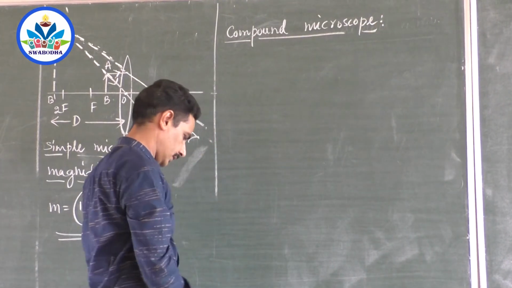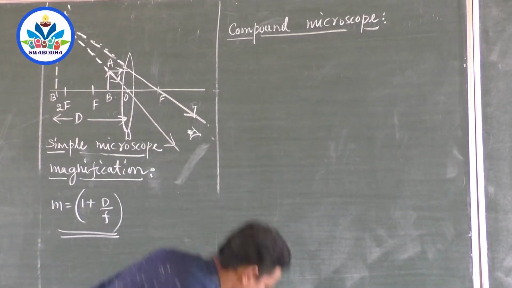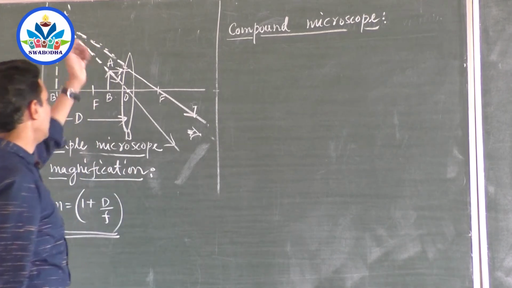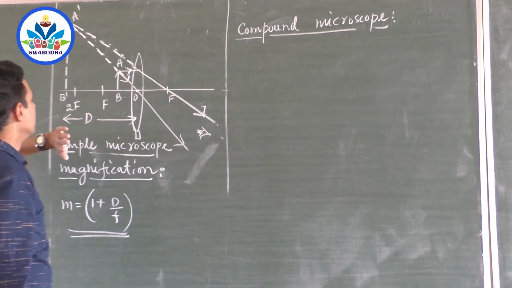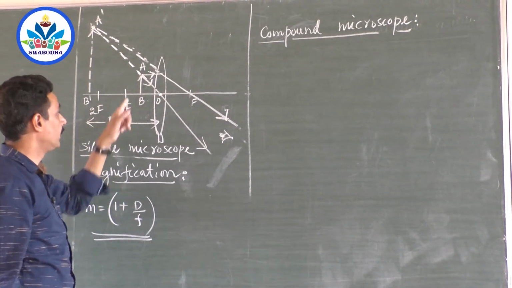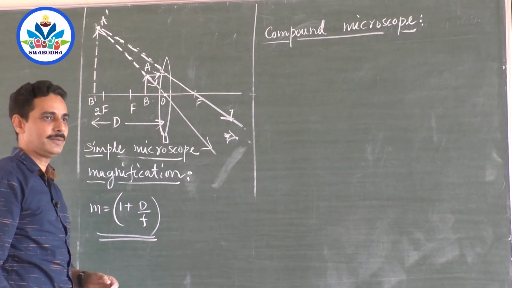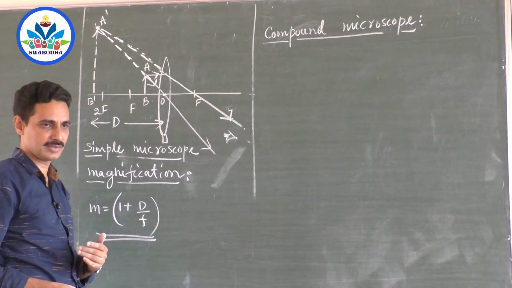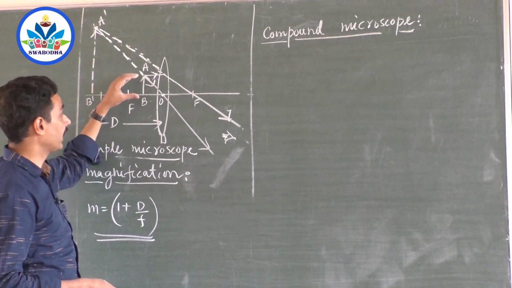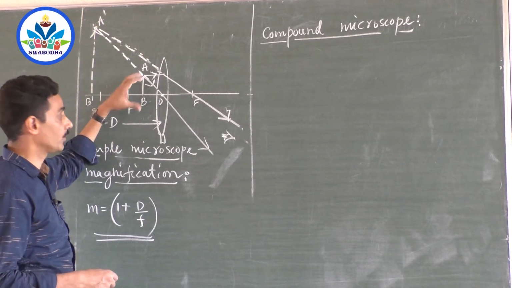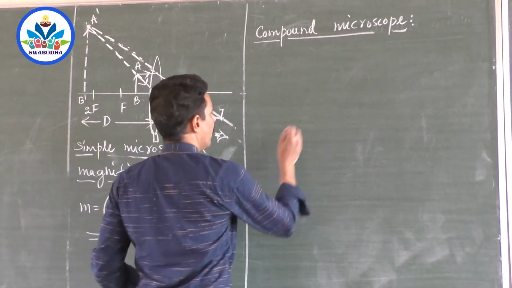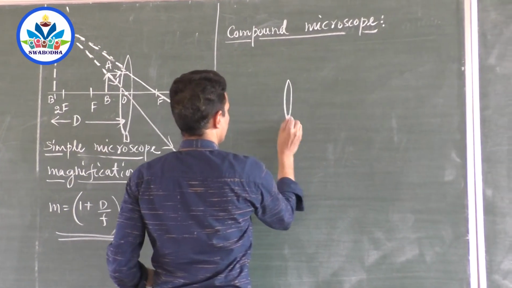What is compound microscope? Now what I'll do is, I will have to have an object within the focus, right? But before having an object, let me produce an enlarged image of an object and let that image come here. Let me magnify this object's image once and I will keep it here. It will be like this. You take a small lens first, right?